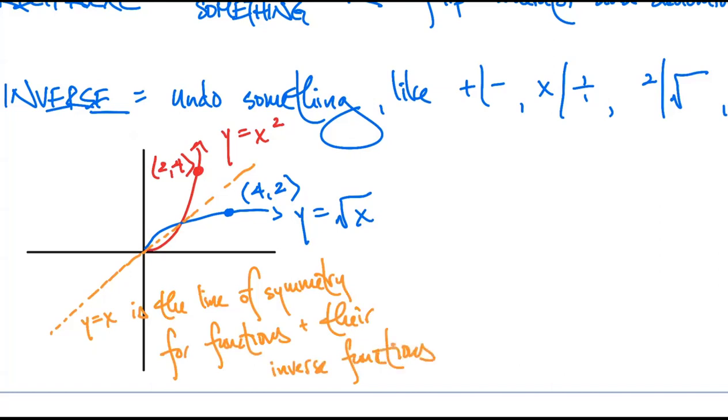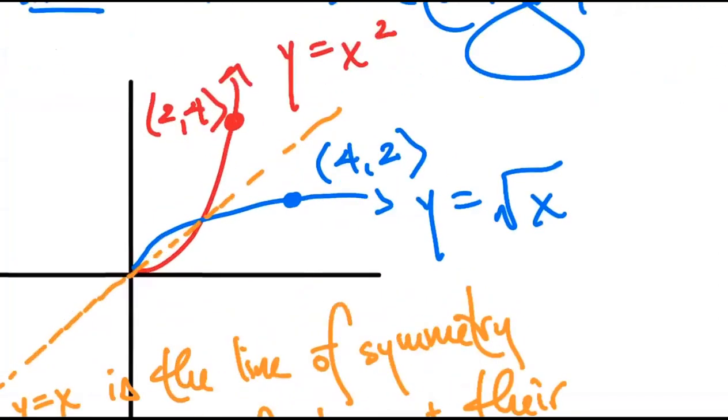Okay, so we have this line of symmetry, but what if I picked a point here? Let's say I told you that point was 1.5. I just gave you an x value. I didn't give you a y value.